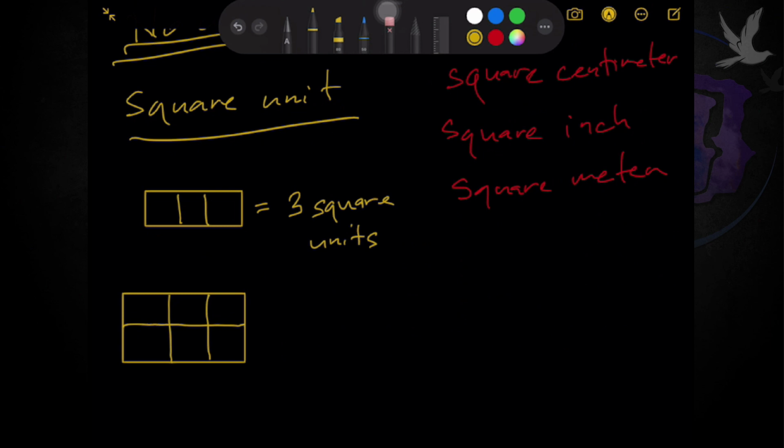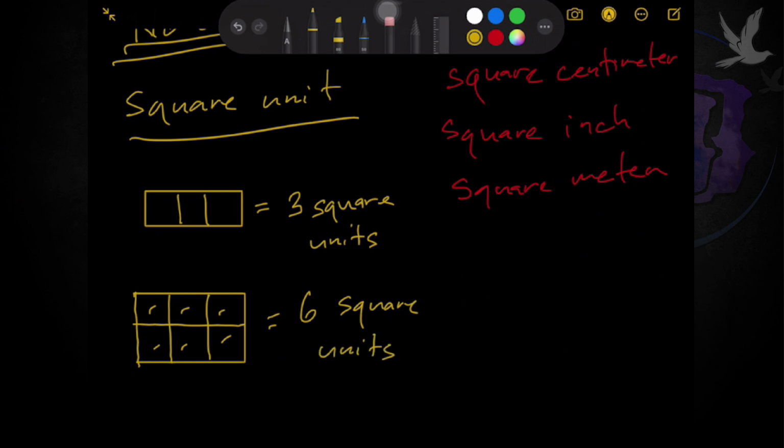Tulad nito, erase ko lang yun. I'll just erase this certain part over here. With a given figure now, by counting the number of squares inside, 1, 2, 3, 4, 5, 6, we can now say that this figure has 6 square units. Okay.